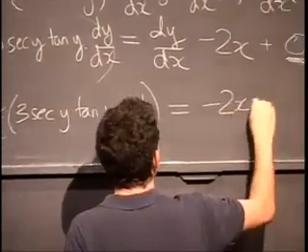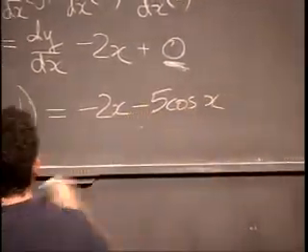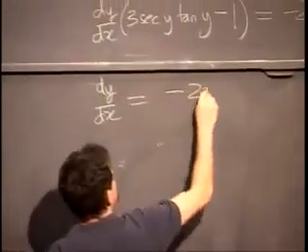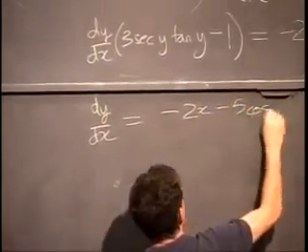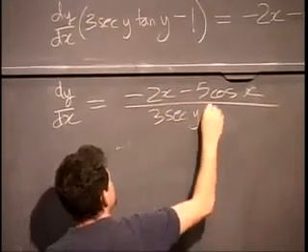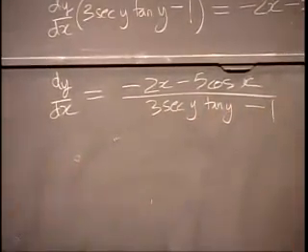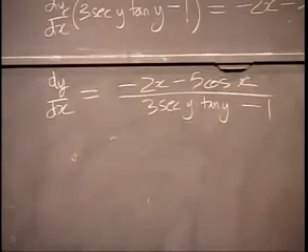I get minus 2x minus 5 cosine x. And so I could just divide by this quantity in the parentheses and get a nice expression for dy/dx: minus 2x minus 5 cosine x all over 3 secant y tan y minus 1, unless I made a mistake. Okay, so that's the general formula for dy/dx.